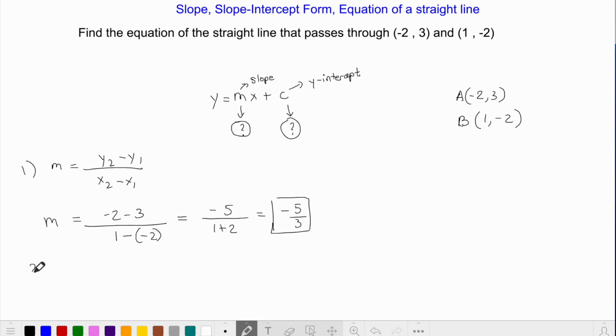Now we can find the y-intercept using either of these points and the value of the slope that we just found. The next step is y is equal to mx plus c, and for m, we are going to use -5/3. Let's use the first point, (-2, 3), so -2 is the x value and 3 is the y value, plus c.